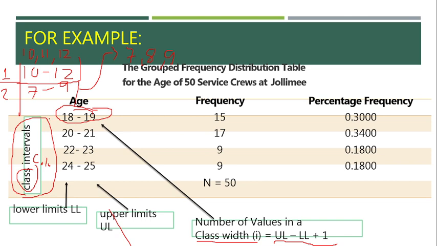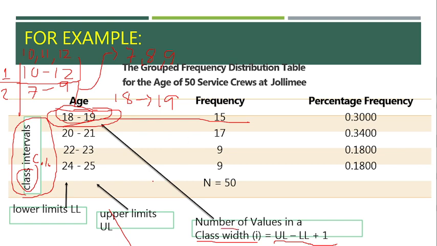Again, when we are referring to class, this is your class, 18 and 19, but it refers to the interval of your values, because you have values from 18 up until 19. So it is like the range or the interval of your values, scoped from 18 up until 19. That is the interval, correct? And that will be your class, the first class that you will be referring to.